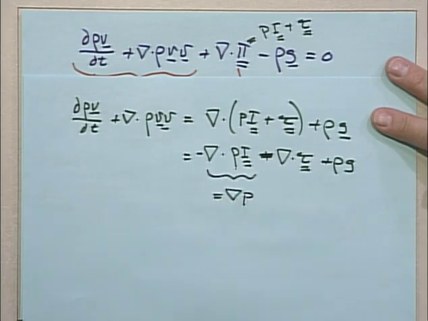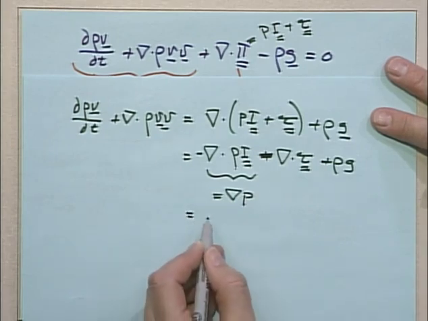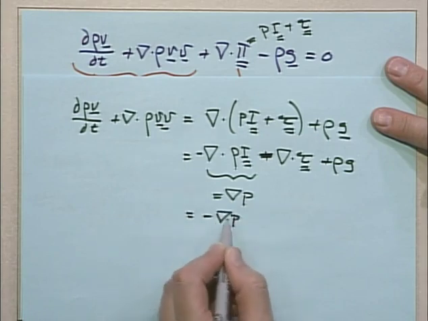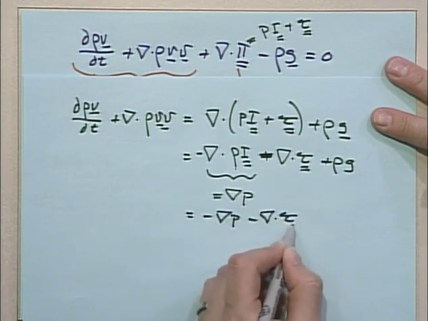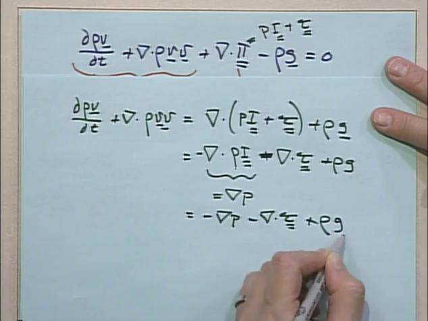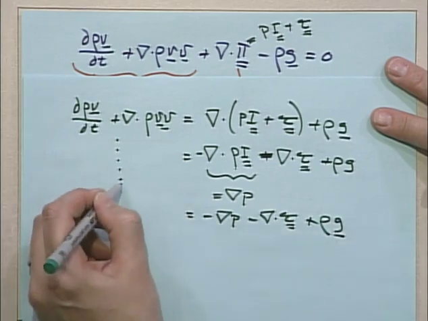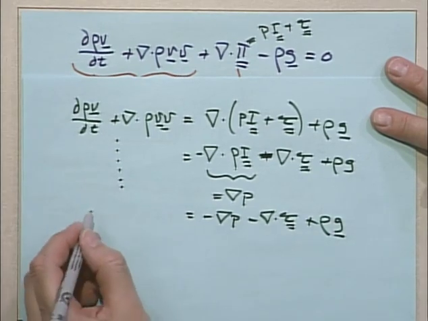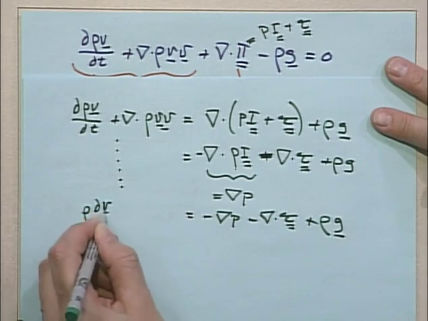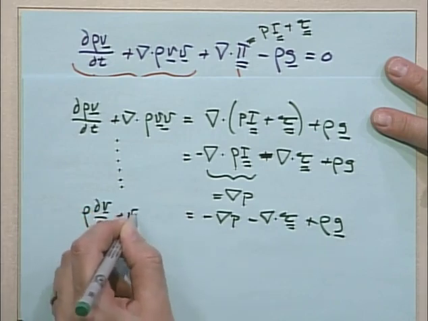That's, again, just an exercise in Einstein notation. And so we now get minus grad p minus del dot tau plus rho g. And as I said before, if we eliminate the continuity equation, this becomes rho times dv/dt plus v dot del v.